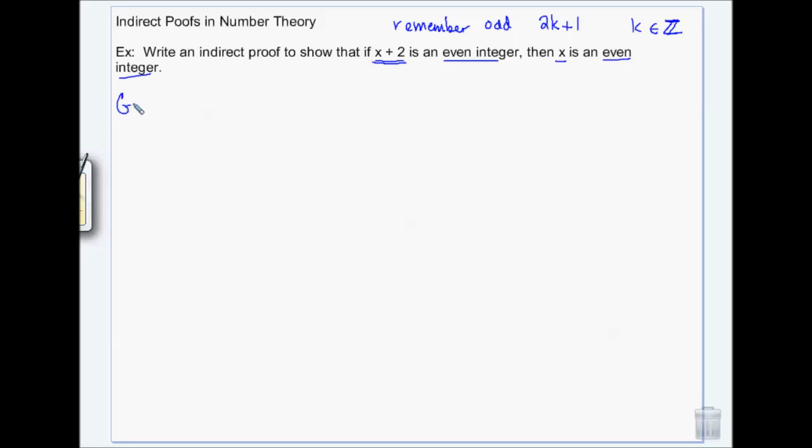So we're given, the if is always the given part. We're given x plus 2 is an even integer. And we want to prove x is even, also an integer.